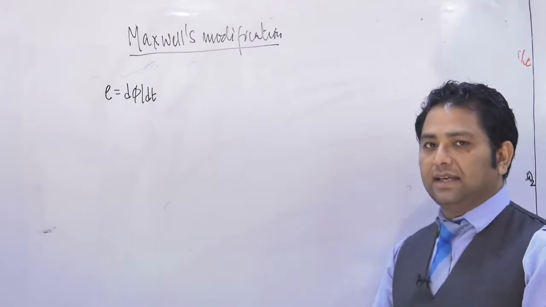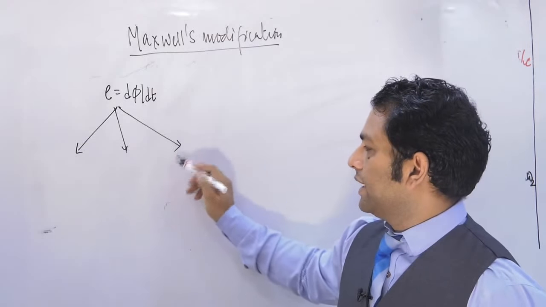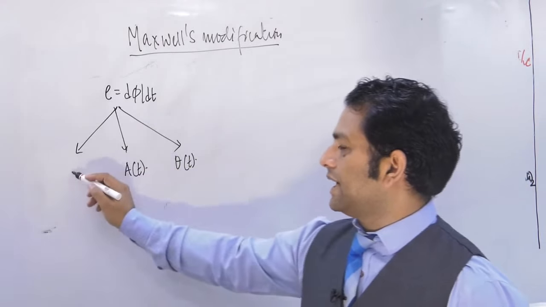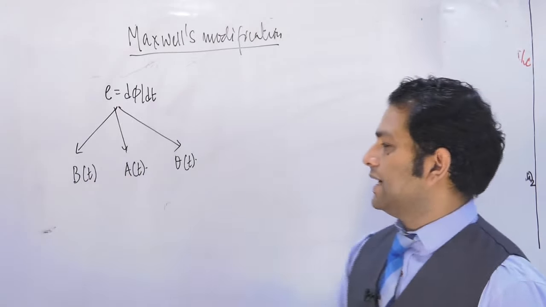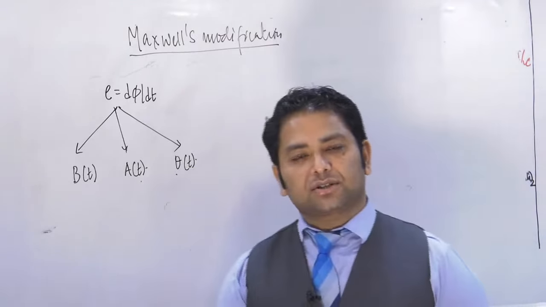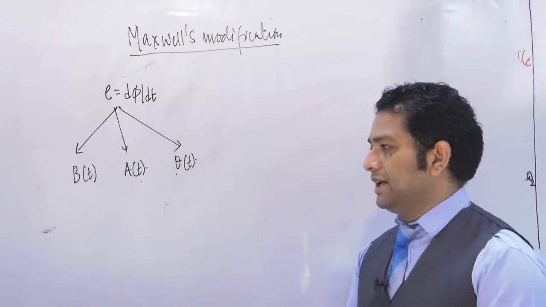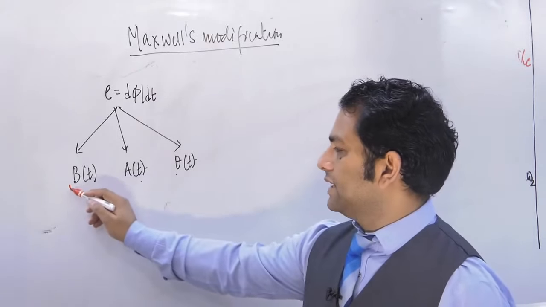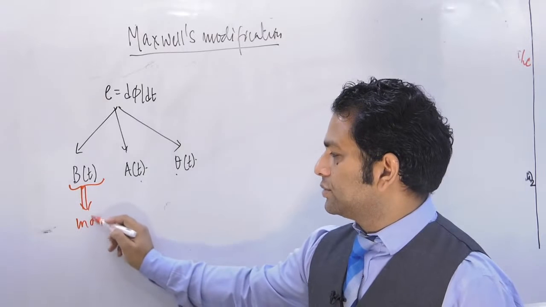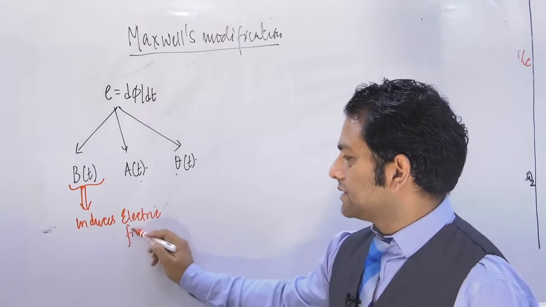So d phi by dt, and you know EMF occurs under three conditions: when theta varies as a function of time, when area varies as a function of time, and when magnetic field varies as a function of time. And these two are associated with the motion, so we call that motional EMF. If you're following the lectures properly, I had specifically said when magnetic field is a function of time, then in that case this also induces electric field. So please be careful.